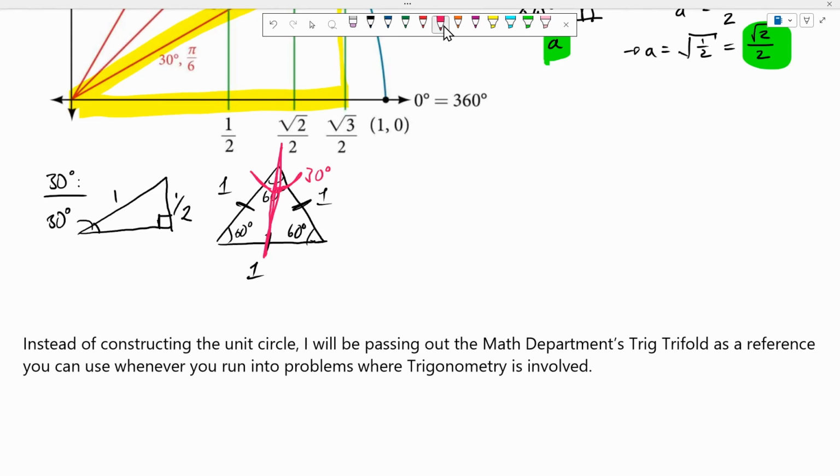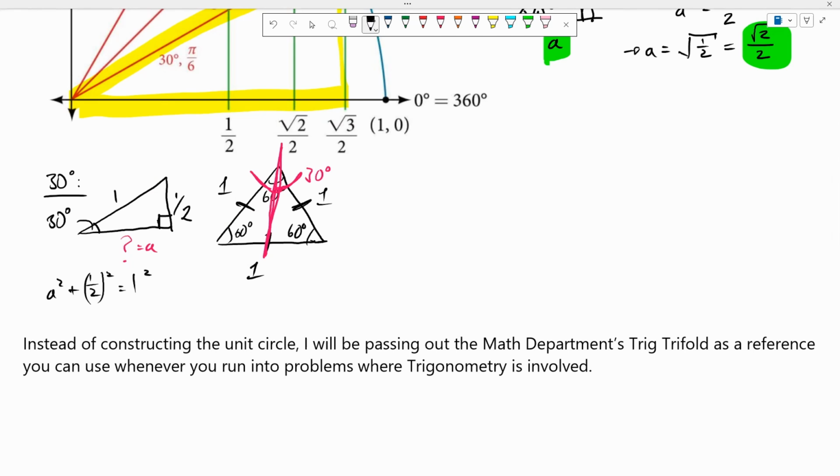I need to find this missing side still. To do that, that's Pythagorean theorem. You guys see that? So I'm going to call that A again. A squared plus 1/2 squared is equal to 1 squared.